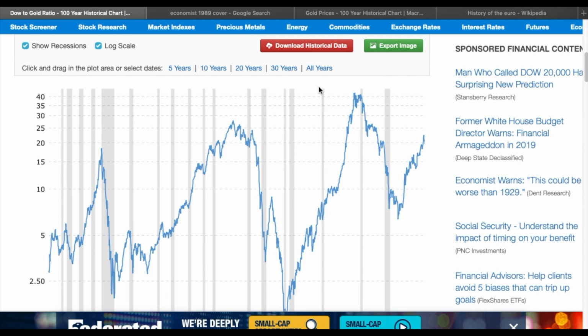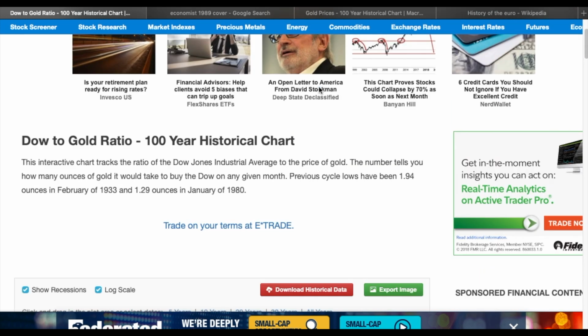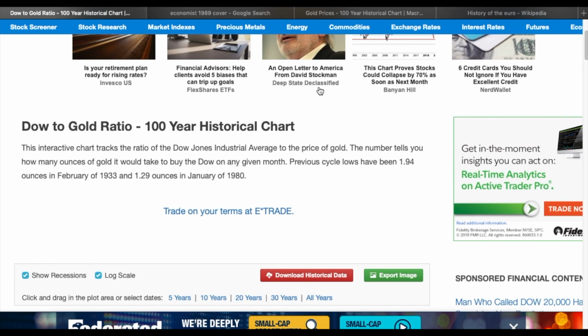You have multiple components that are flashing red. The one I cover today is the Dow Gold Ratio. In the next couple of days, maybe tomorrow, I'm going to cover a different ratio. And when you take them all as a whole, it means that something big is coming, and the data suggests that this event will come in the next 2 years.